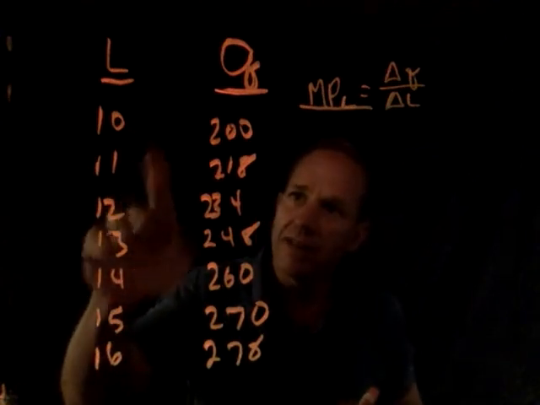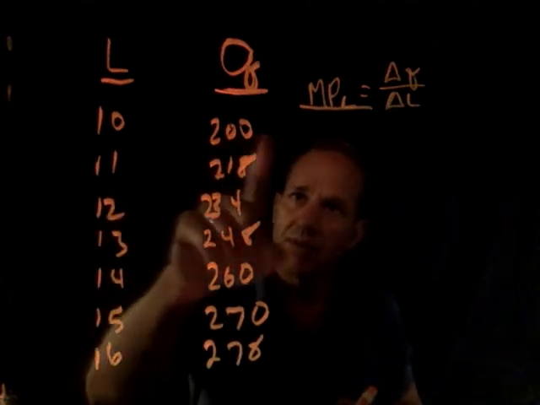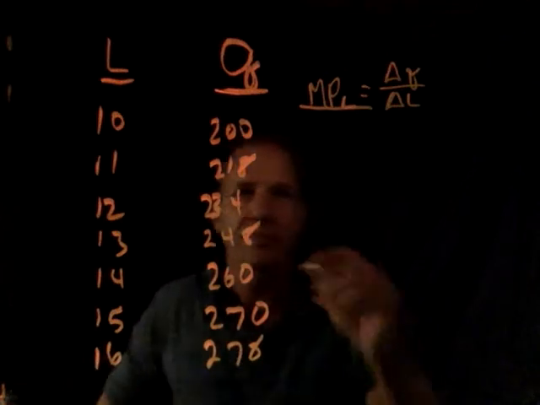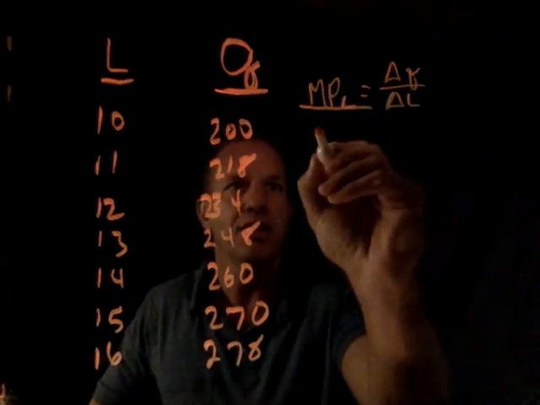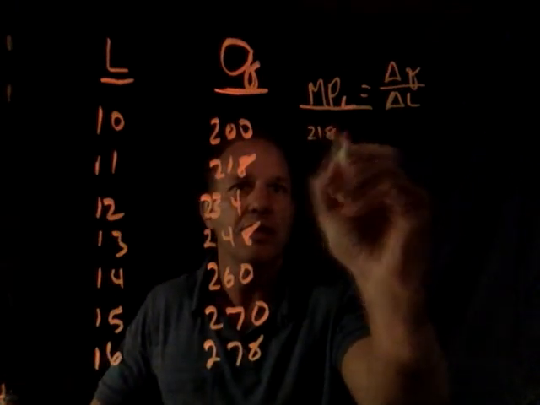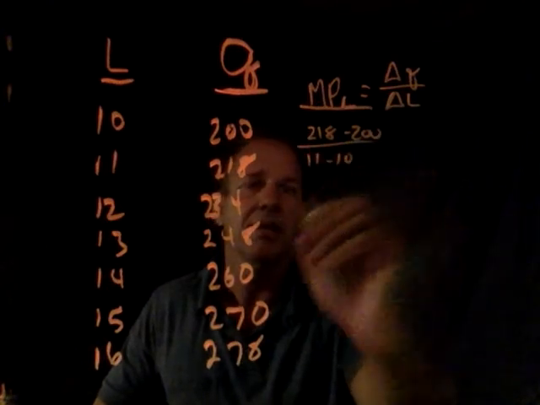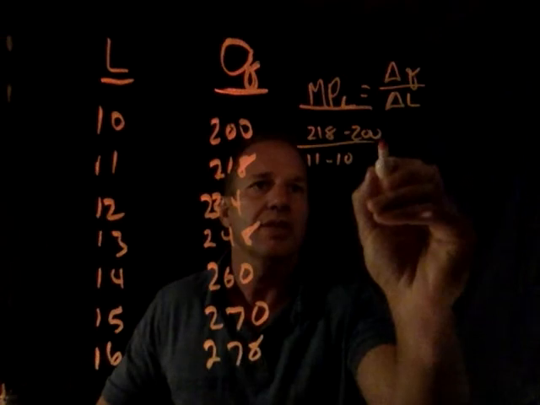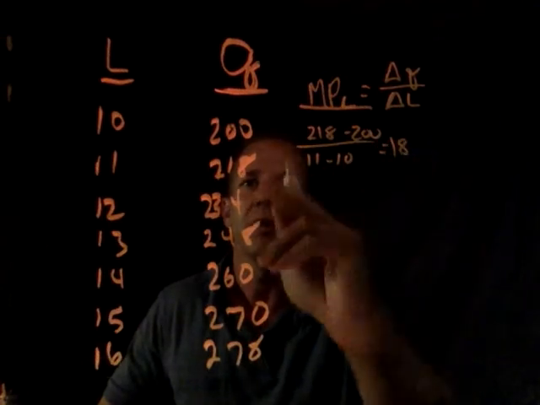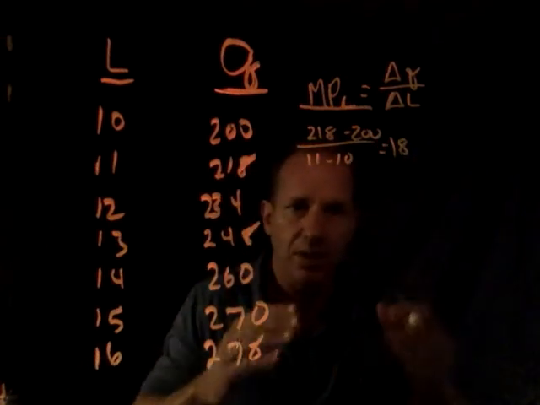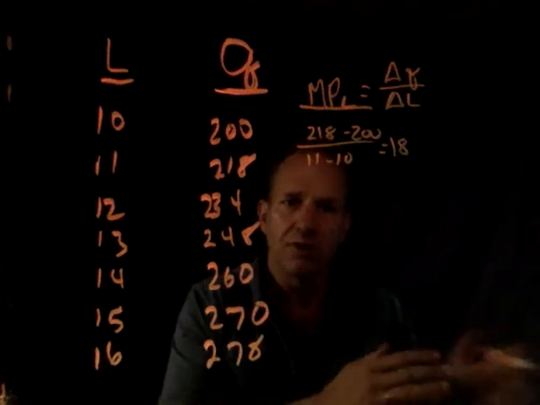So when we add the 11th laborer, output rises from 200 to 218. Mathematically, the change in output is 218 minus 200 over 11 minus 10. So that's simply 18. Adding that worker brought 18 more units.